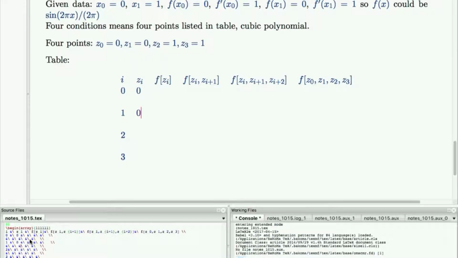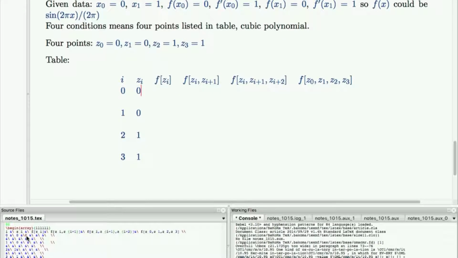I have 0 listed twice, and I have 1 listed twice. Next, I'll have the function values listed here. In all cases, f of x naught is 0, f of x1 is 0. So I'm going to have all 0 values in this column.